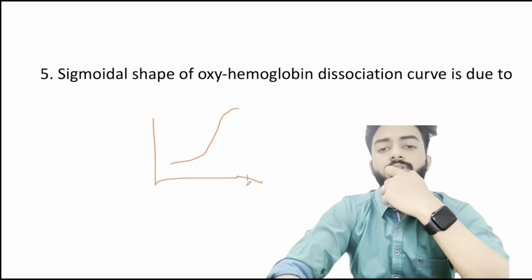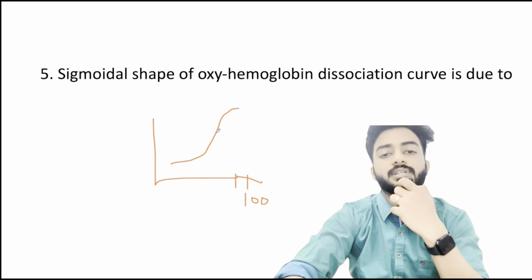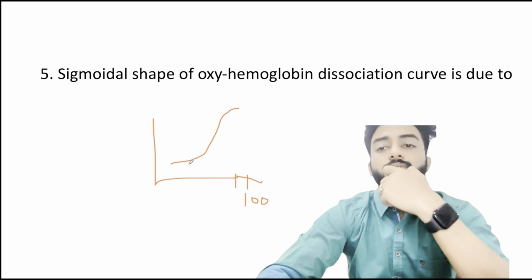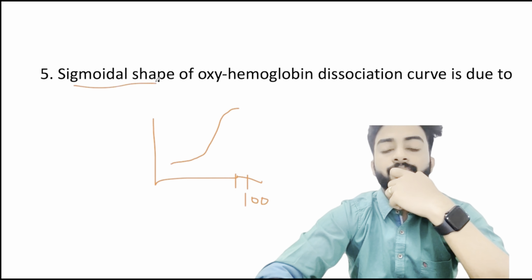The saturation is 100 at a PO2 of 100. And when it decreases to 90, 80, 60 and so on, the oxyhemoglobin dissociation curve reduces in a sigmoidal shape. So they are asking, what is the reason for this sigmoidal shape?